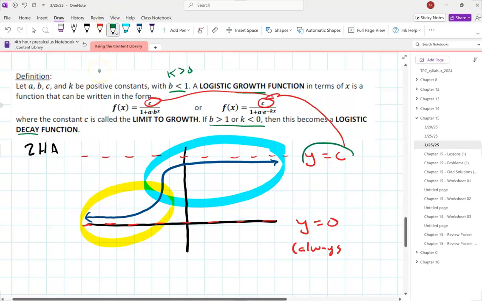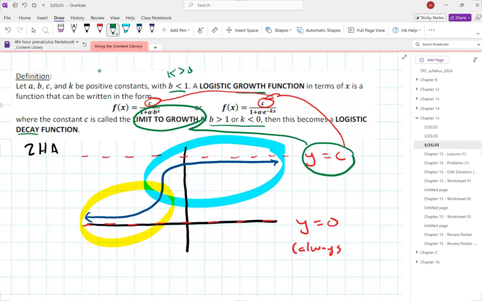So again, this value for C, we call the limit to growth, or you could call it the carrying capacity. That's often specific to population. You might have heard discussions about the carrying capacity for the Earth being some billions of people.